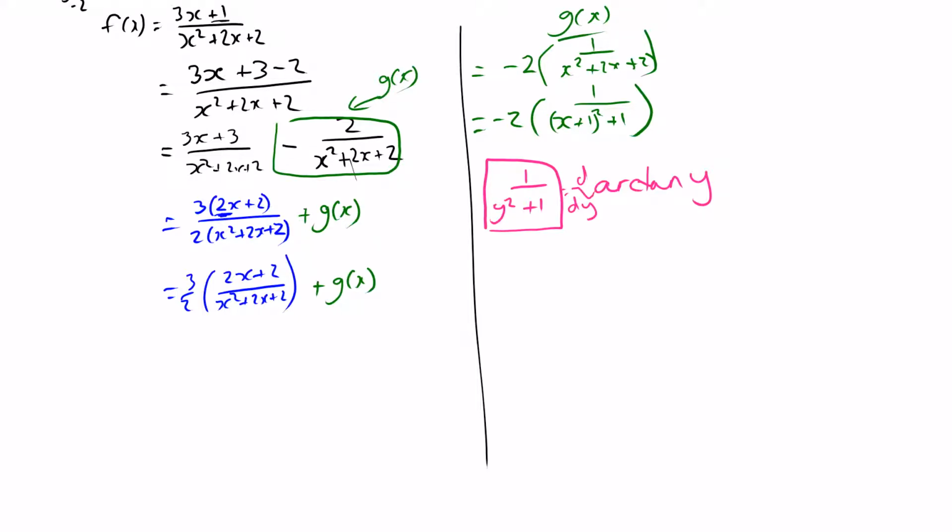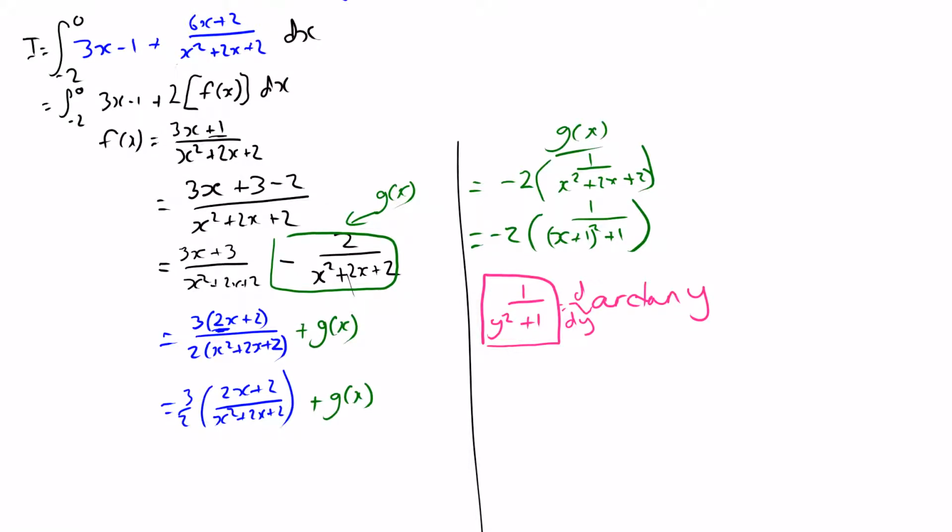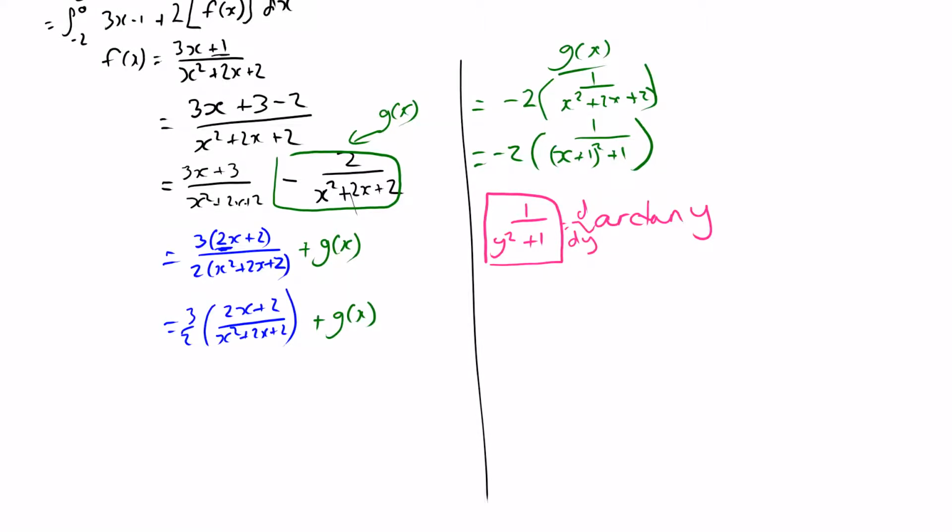So going back up the page a bit, we can say that our whole integral is equal to the integral from minus 2 to 0 of 3x minus 1 plus 2 lots of f of x, which is 3 times 2x plus 2 over x squared plus 2x plus 2, plus g of x, which is negative 4 lots of 1 over x plus 1 squared plus 1.